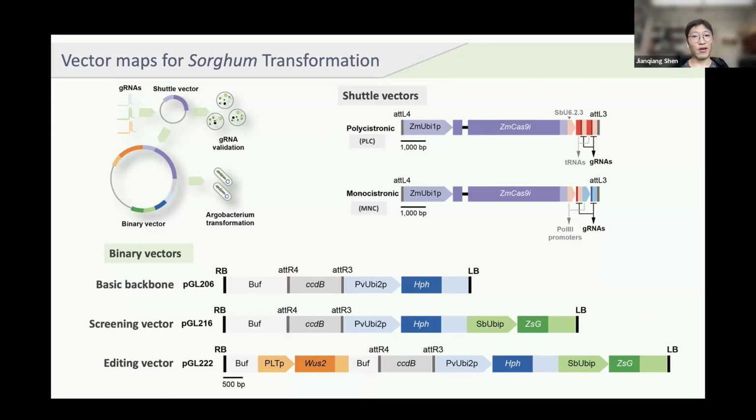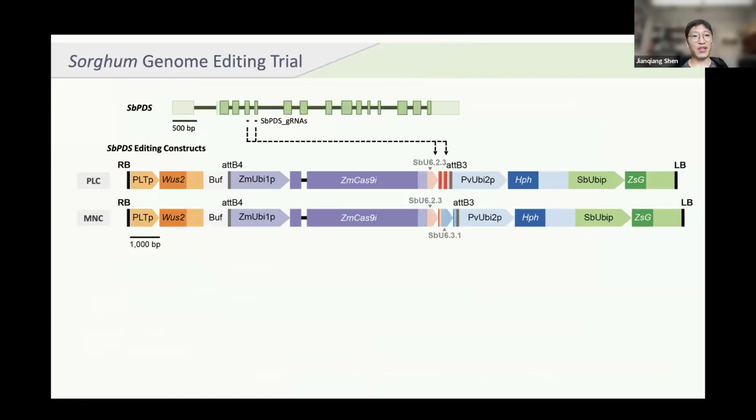Then we developed two constructs, and as I shared with you, previous studies showed that polycistronic and monocistronic guide RNAs might lead to different editing efficiency. So we tried both. We used two guide RNAs targeting the PDS gene on exon 3 and exon 4.